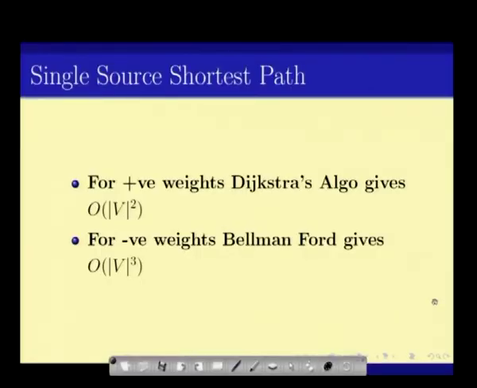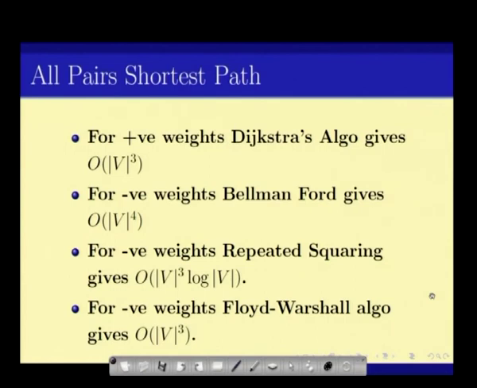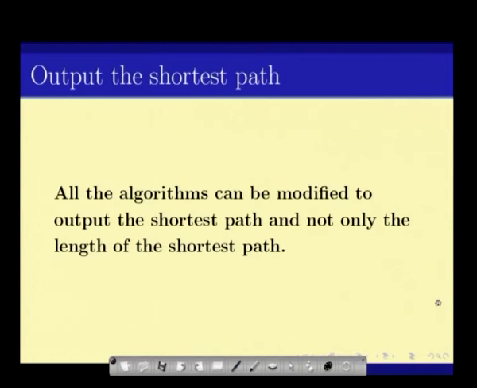I will not be doing that one, I will leave it to you as an exercise. To summarize, for single shortest path, Dijkstra's was v square and it worked for positive weights. Bellman-Ford is v cube, it worked for everything, and for all pair shortest path with negative weights, we have order v cube algorithms, which is the best. As I told you, the output can be modified to obtain the shortest path.